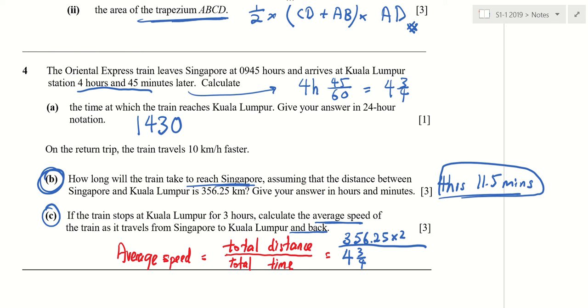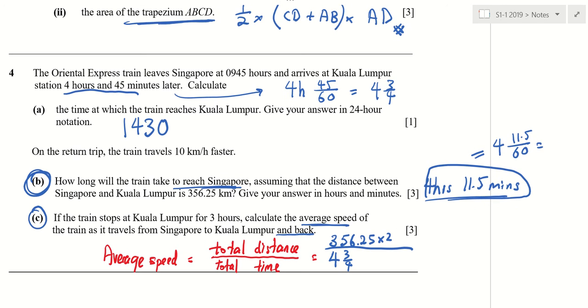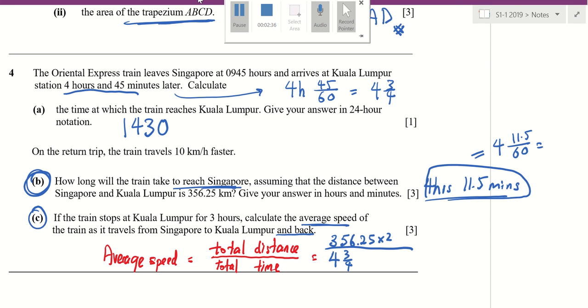So from Singapore to KL, the time taken is 4 and 3/4 hours. From KL to Singapore, the time taken is what? 4 hours and 11.5 minutes. So can I convert this to hour as well? 4 hours and 11.5 over 60. What is the decimal? Can you tell me the fraction?